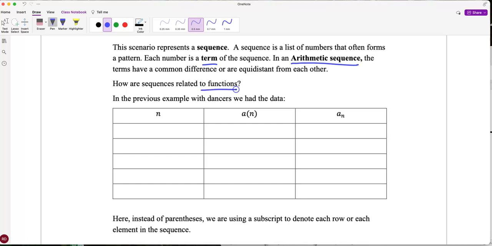So it's related in the sense that a linear function has a common slope. And then what we're seeing here is an arithmetic sequence has a common difference.